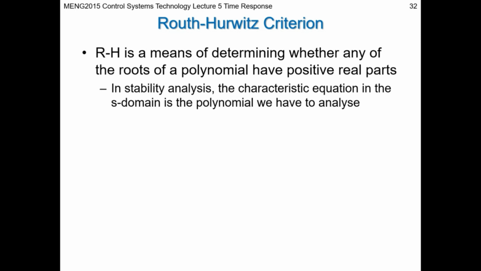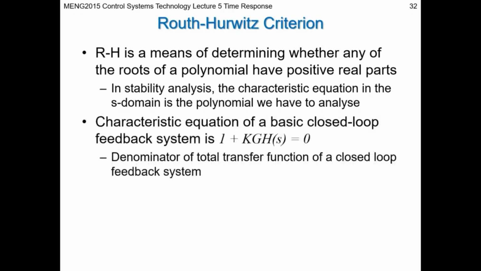The method looks at a polynomial and determines whether the roots of that polynomial have any positive real parts. And of course, the roots are pretty easy if it's just a second order polynomial. But if you get a fourth order polynomial or something of a higher order, finding the roots is a little more complex. So this helps. It's a quick way of determining whether that higher order transfer function is going to give you any instability.